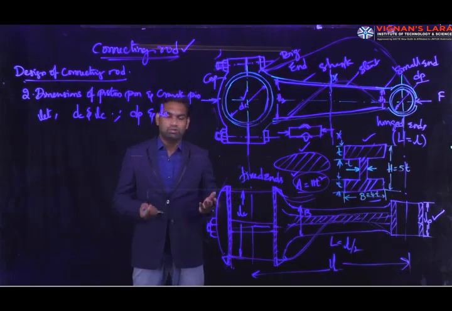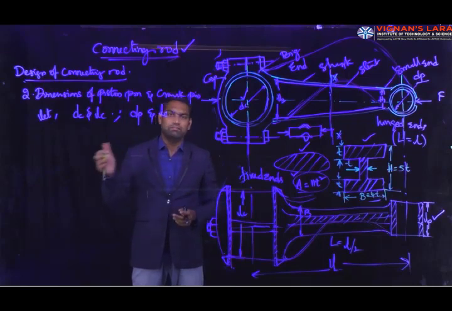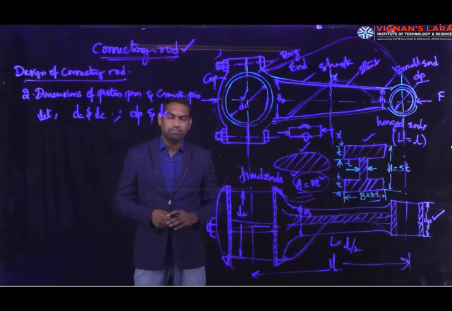While discussing the forces acting on the connecting rod, we saw that the maximum force is the maximum gas load, that is, the force due to the maximum gas pressure, along with the inertia forces. But for calculating the dimensions of the crank pin and the piston pin, we are going to neglect the inertia forces of reciprocating parts. So we can consider only the force due to the gas pressure.